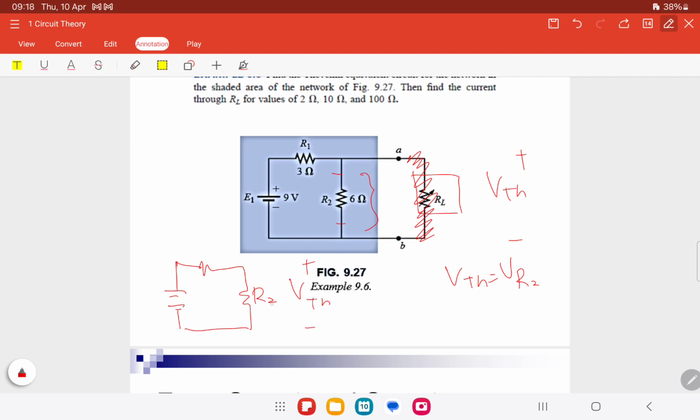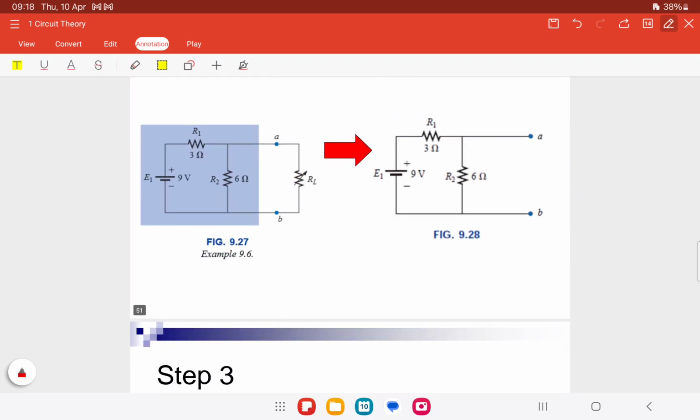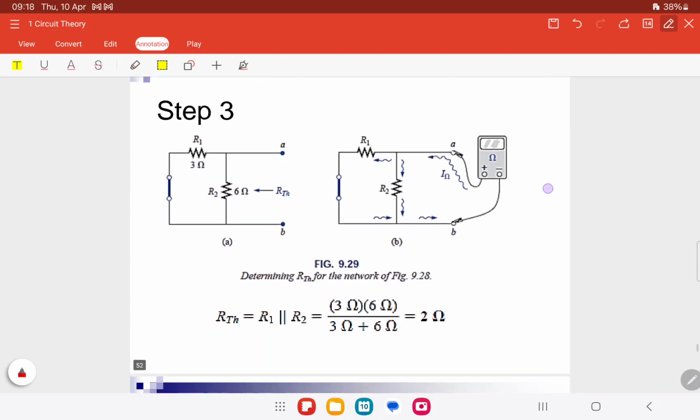So VTH just dapatkan the VR2 and the R total, RTH will be R total kan, R1 plus R2. Okay, ni lah step dia. Okay, dia akan jadi macam ni. We take out that one. Step number 1 and 2, open circuit at the node. Step number 3, get the RTH.